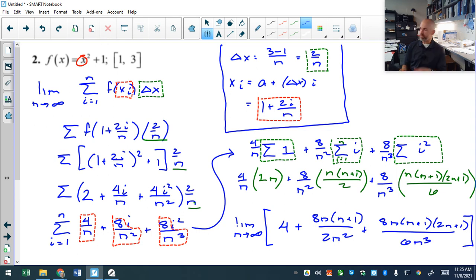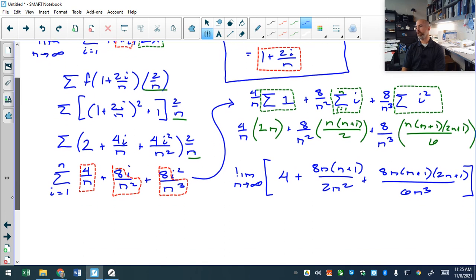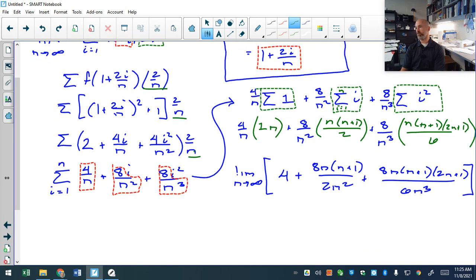And in these problems, you should always finish where you have limits as n goes to infinity and your top degree should equal bottom degree. If you start with a polynomial, which we did, you'll always get top degree equals bottom degree. If you don't, that's a cue that you've messed up somewhere, which sucks. But if you look at all of these, we do have equal degrees on top and bottom.